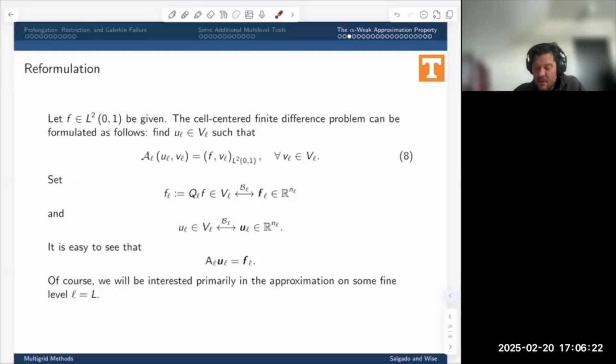Now, notice this looks a lot like our finite element formulations, but it's not exactly finite element. In finite element, we defined this guy as the energy inner product for the regular PDE. So in the finite element context, we were using a(u,v) equals just (u',v') in L2. So that's how we defined this object. Now, that's no longer the case. We're not defining our energy inner product this way anymore.